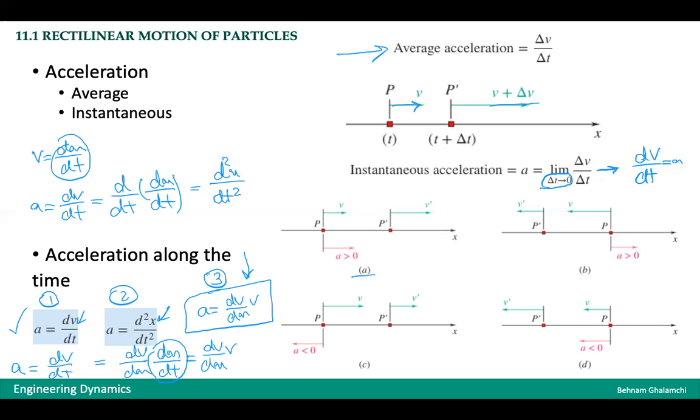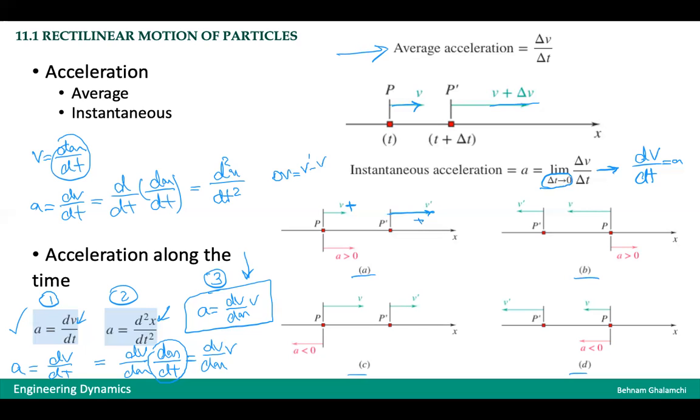Acceleration can be positive or negative, but there are four different scenarios. For example, starting with case A, the particle has the velocity v. This is already a positive value. After delta t, the velocity increased to v prime, but still in a positive direction. So if I want to find delta v, we can find it this way: v prime minus v.